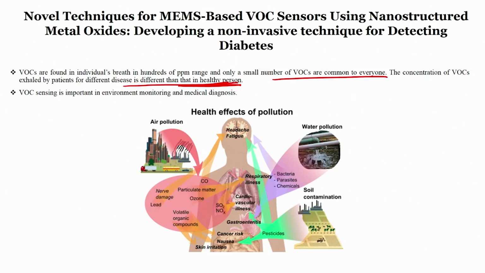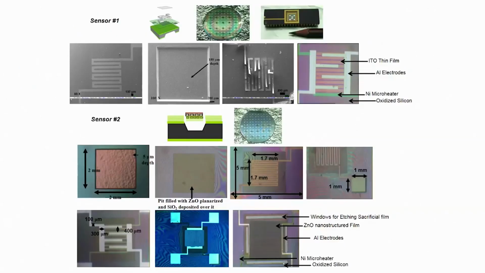So, when you talk about VOCs, we have to see sensors, and right now in front of you, you can see two types of sensors. Sensor 1 here, and we will see in detail how we can fabricate this sensor. This sensor is fabricated using bulk micromachining, all right.